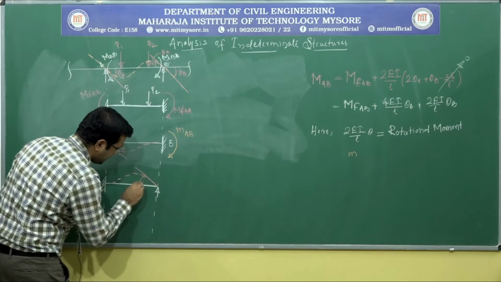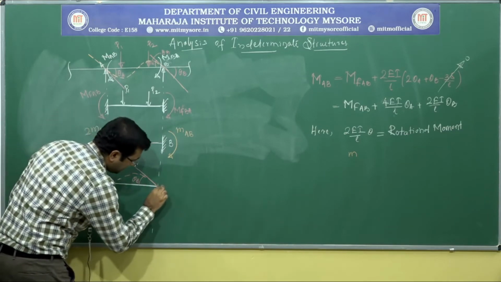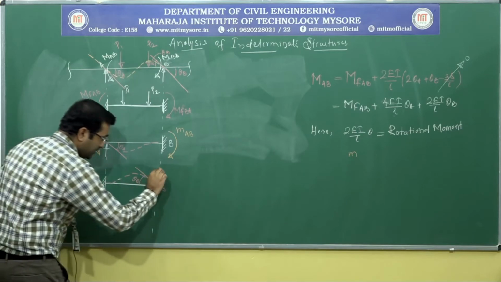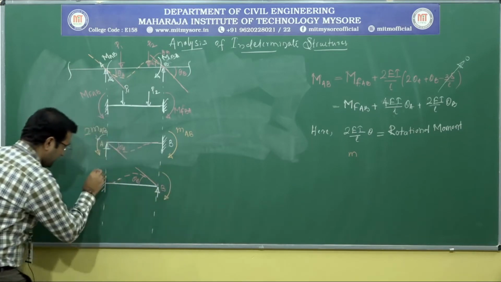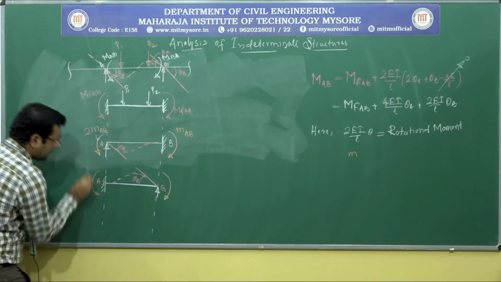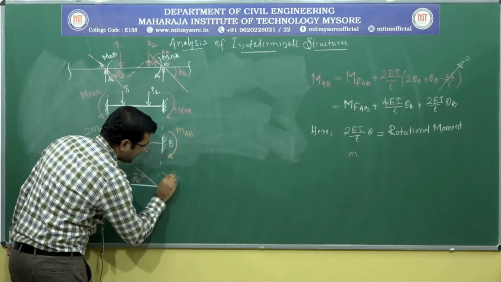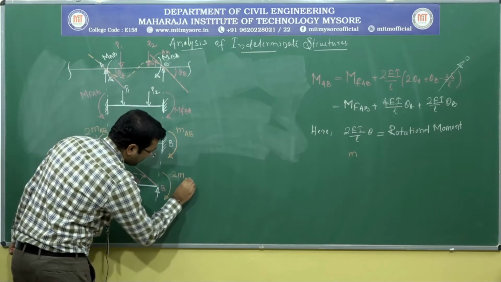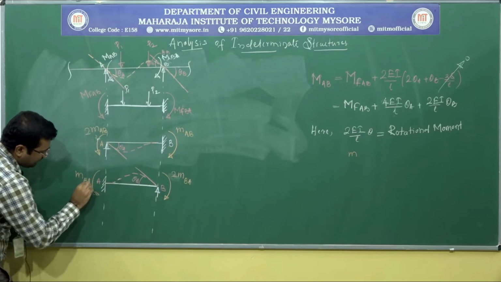Here this is theta B, this is end A, this is end B. Because of this rotation, there is a development of moments at the ends. In a similar way, this will be 2 times of MBA and this is 1 times of MBA.